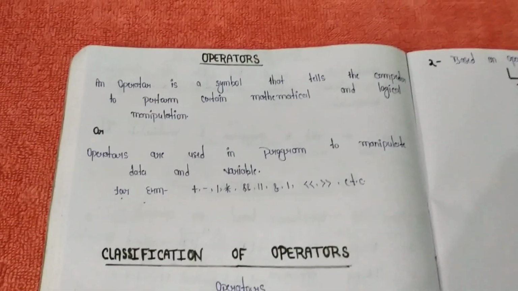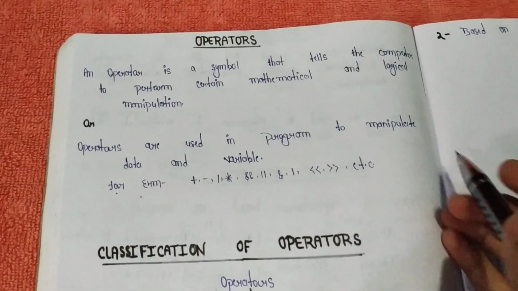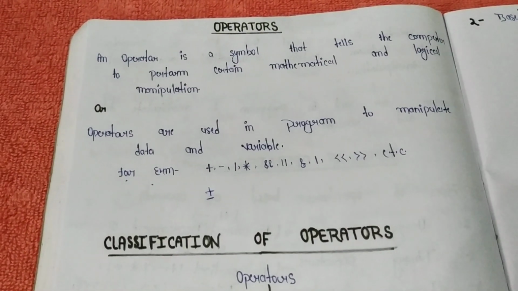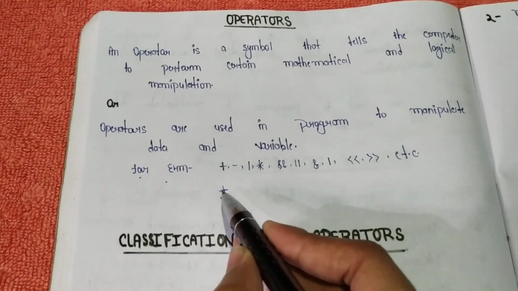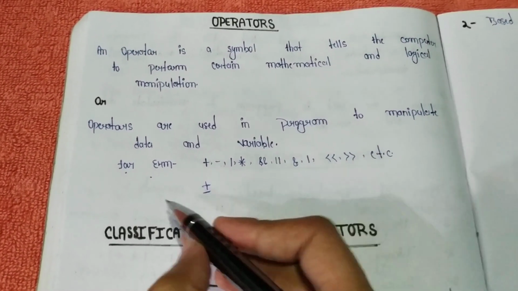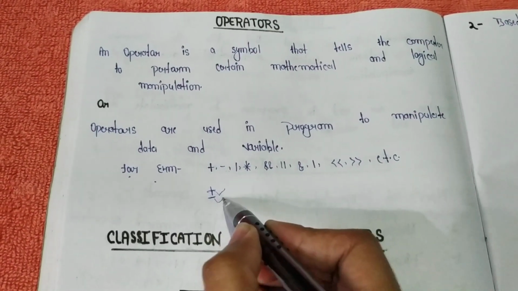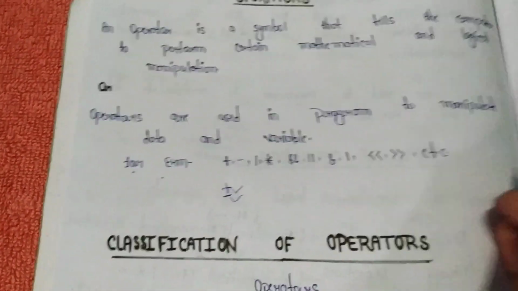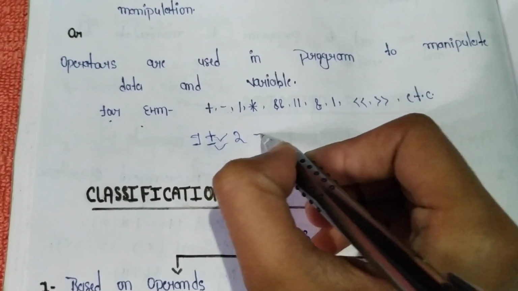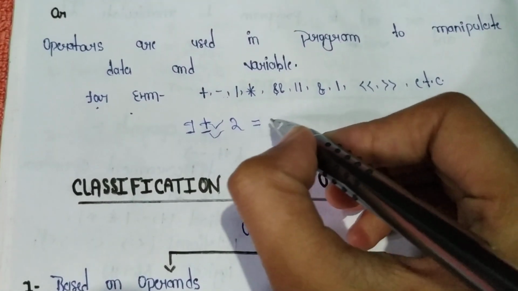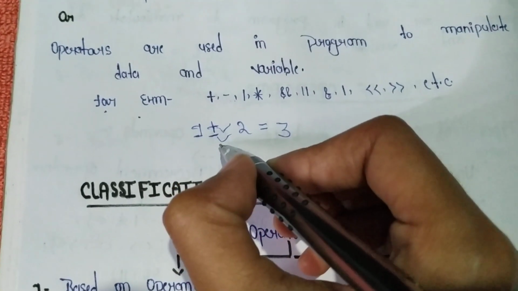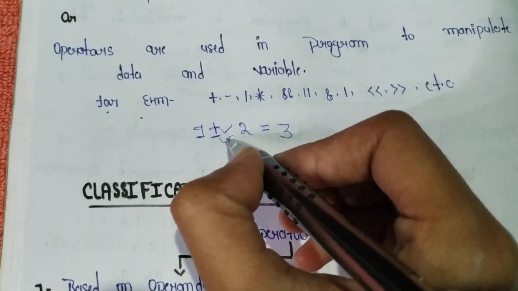Let us take this example for better understanding. This is an operator, and it is a symbol. It tells the compiler to perform plus operations or minus operations. If we give the values 1 and 2, we find the output is 3 for the plus operator, and we find minus 1 if we perform the minus operator.